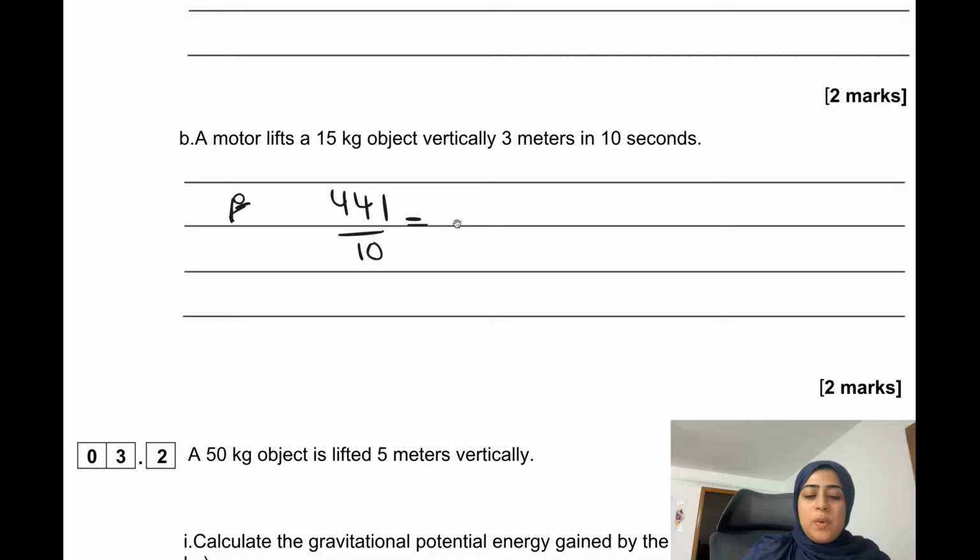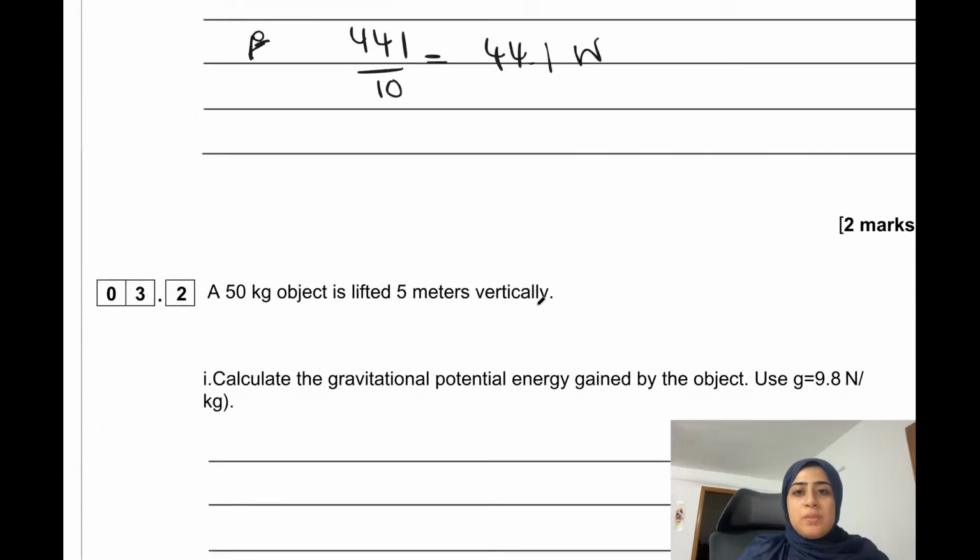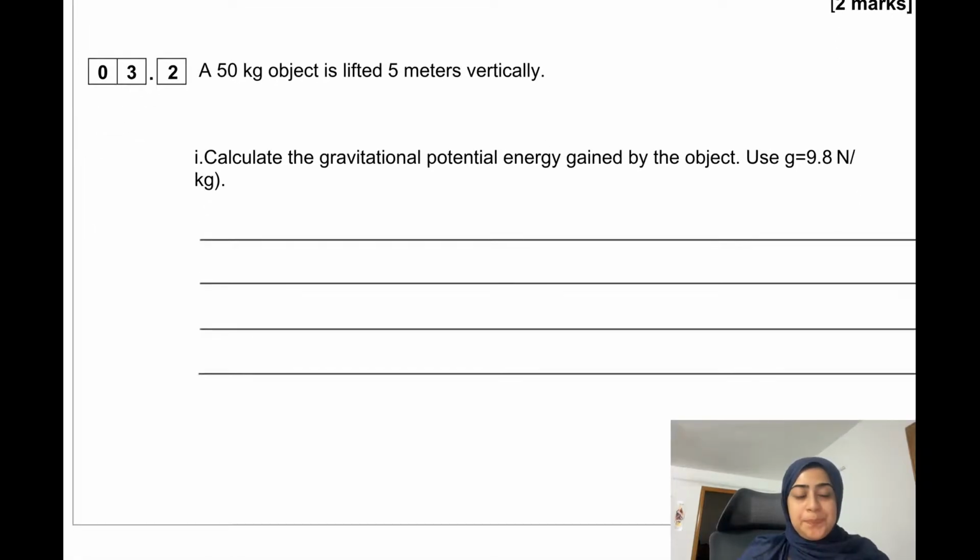The power is the rate of work done, so we would divide the work done by the time taken in this question. So it's just going to be 44.1. And the units are really important as well. So that would be 44.1 watts.